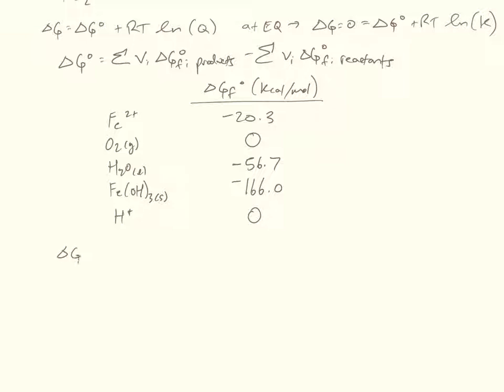So my delta G0 equals first sum of the products times their stoichiometric coefficients.